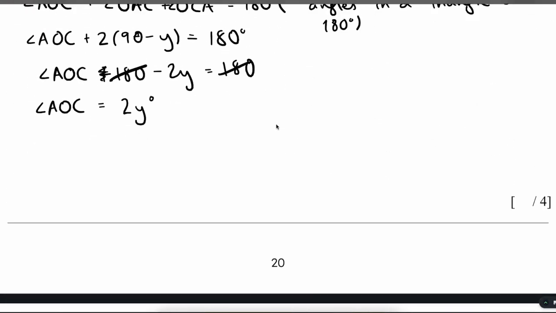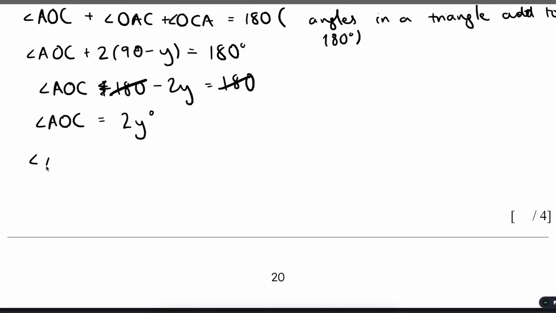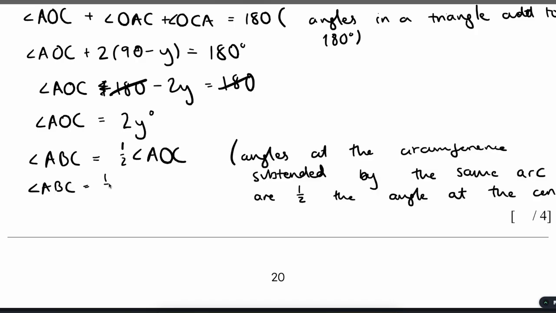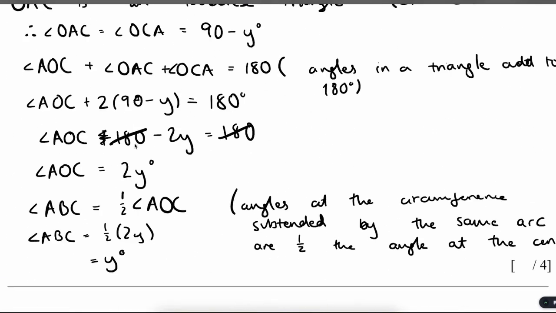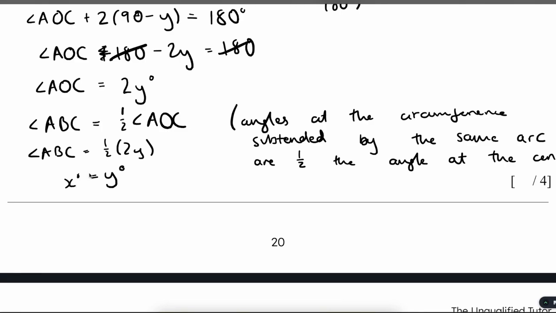So we're going to use that to prove that ABC must equal a half of AOC, which equals a half of 2y, which equals y. So angle ABC also equals x, therefore x equals y.